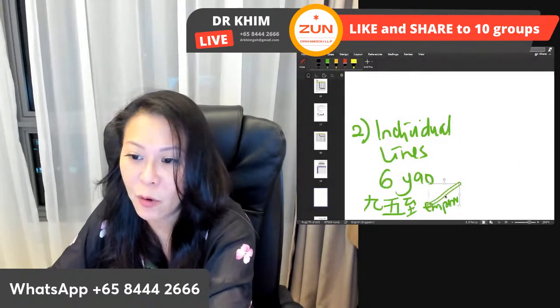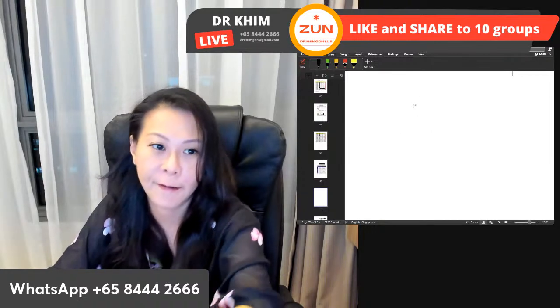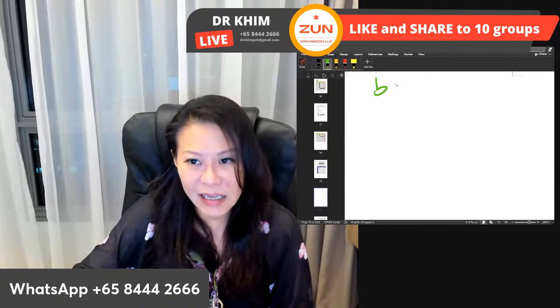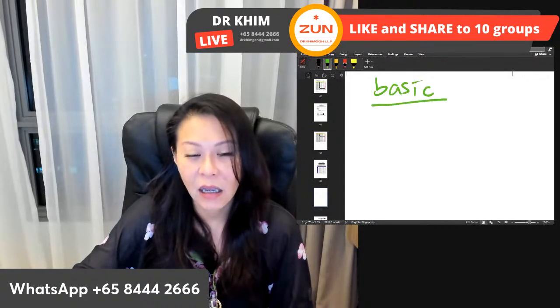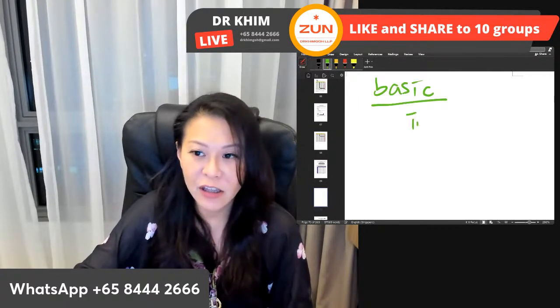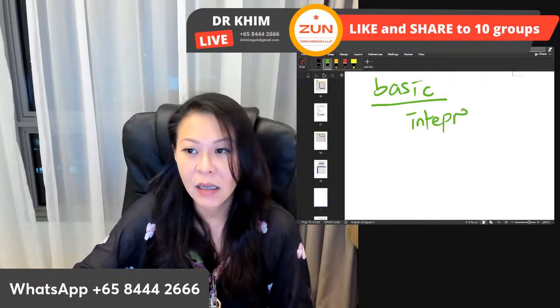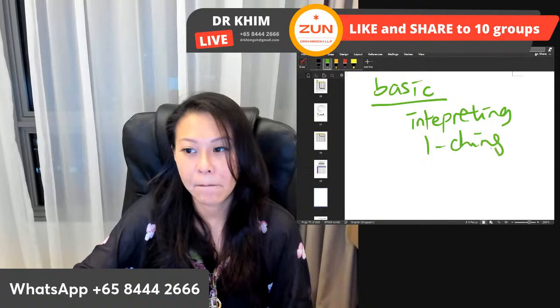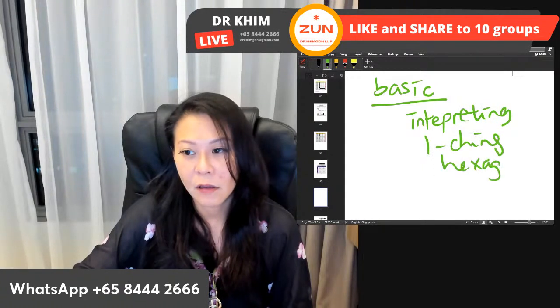So the rest of the lines are not important? No, they are also important, but the most important is the fifth line. So these are the basics, at least the basics of interpreting the I-Ching gua.